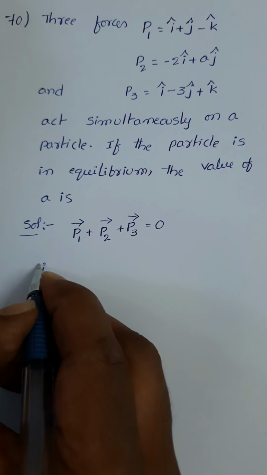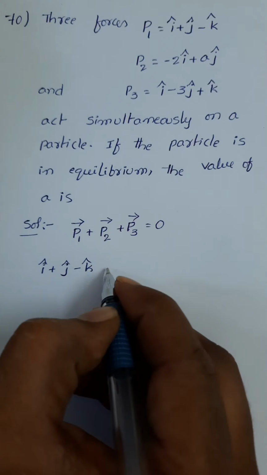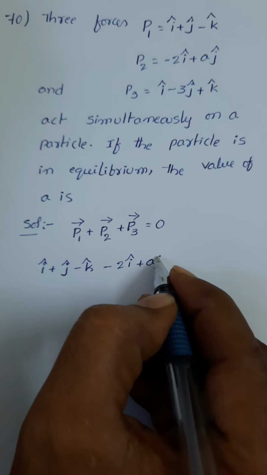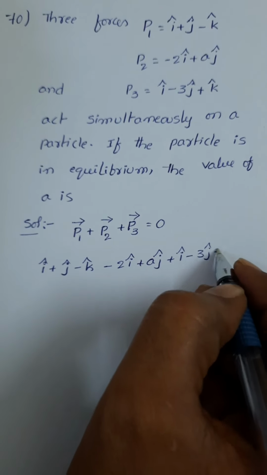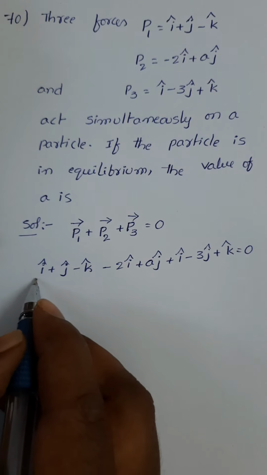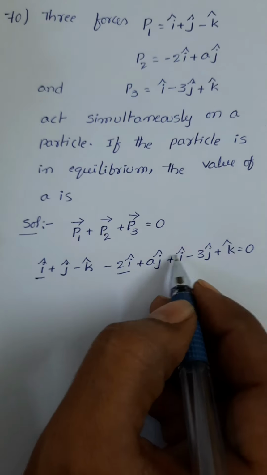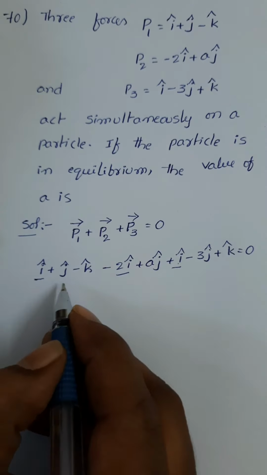So from this, I cap plus J cap minus K cap, minus 2I cap plus A J cap, plus I cap minus 3J cap plus K cap is equal to 0. From this, I cap minus 2I cap plus I cap gets cancelled, giving 0.